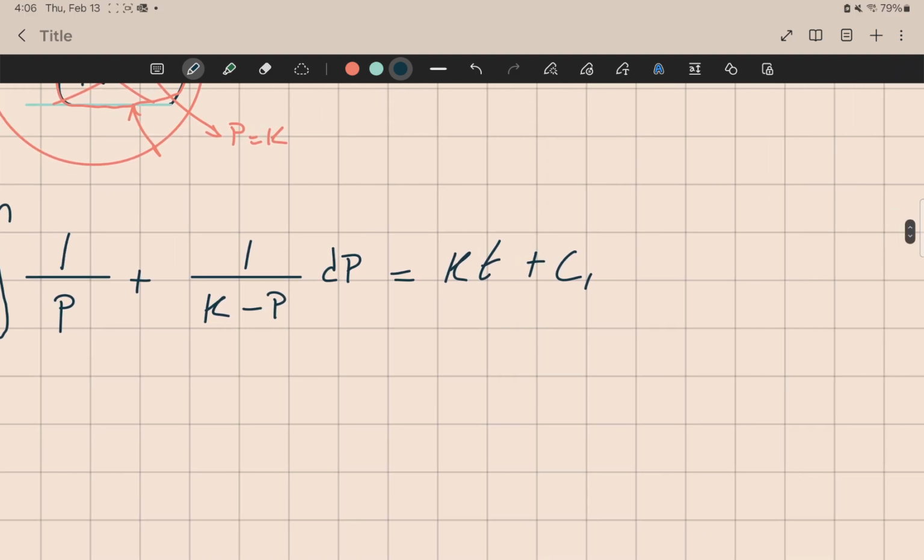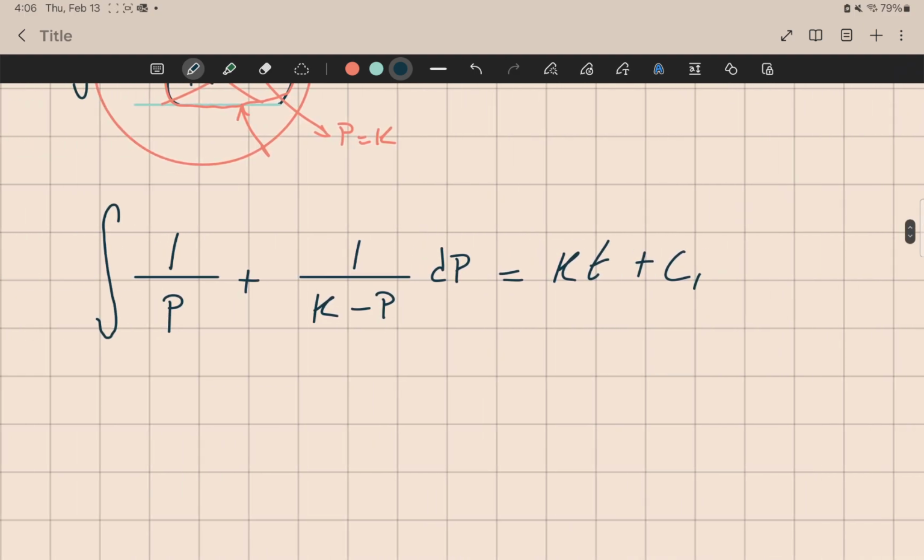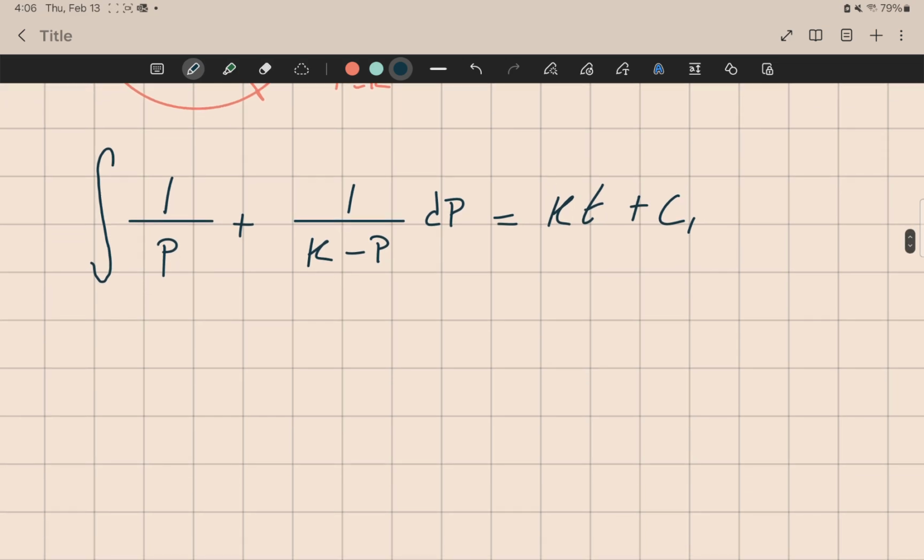So now we're dealing with something that should be pretty easy for us to integrate. So 1 over p, that's the natural log of the absolute value of p. And then I'm going to leave the sign out here just for a second, because we have the ln absolute value of k minus p, and then the derivative of this denominator here is going to determine our sign.